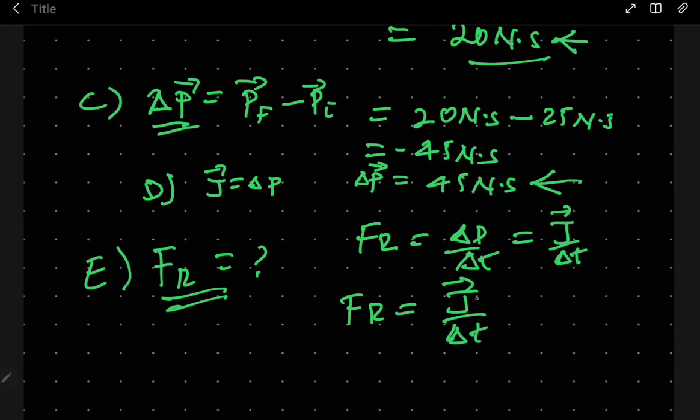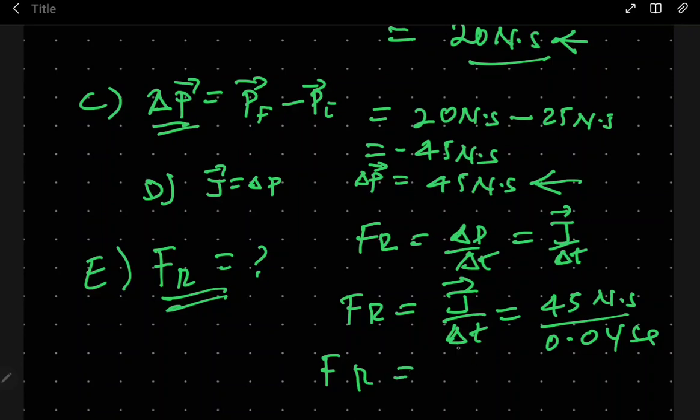Substituting the value of J, 45 Newton second over the time, 0.04 second. This is going to give you the resultant force: 45 divided by 0.04 is 1125 Newton force acting on the ball.